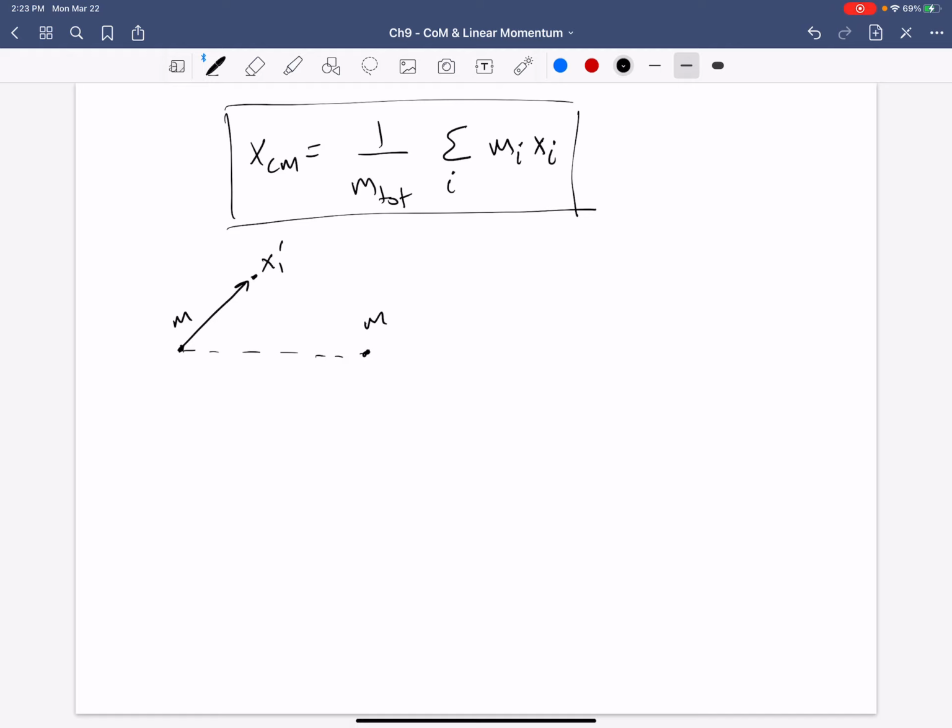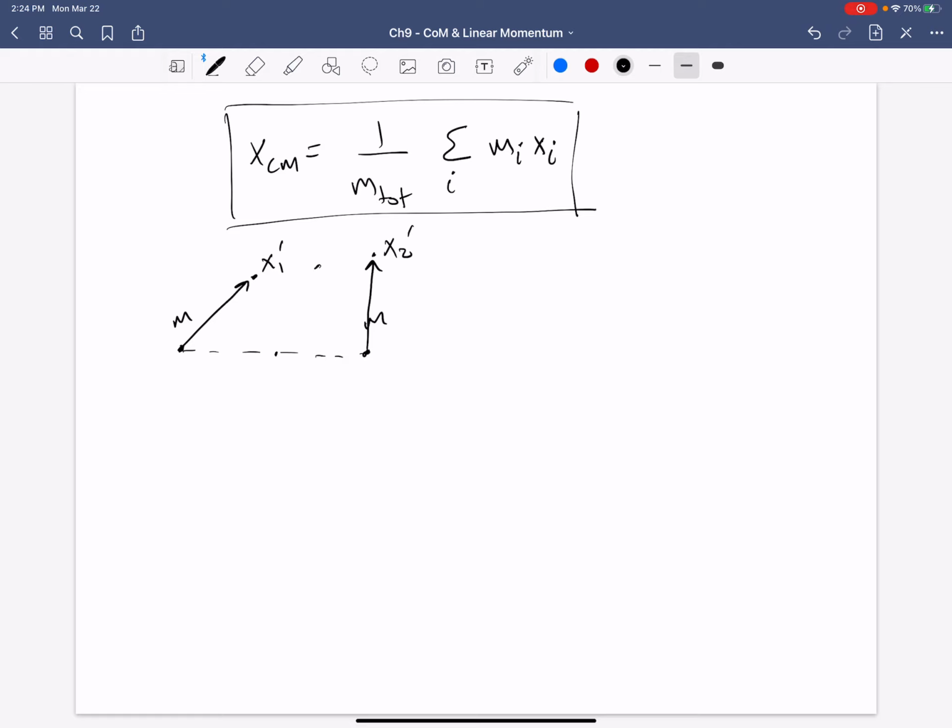This mass was to go, I don't know, wherever, somewhere like that, wherever it goes to x2 prime, right? That takes some time to happen. And so we have a change in position, or a change in displacement, rather. Well, that means that we really have a change or a velocity, right? Those particles have some velocity in that case. And so does the center of mass.